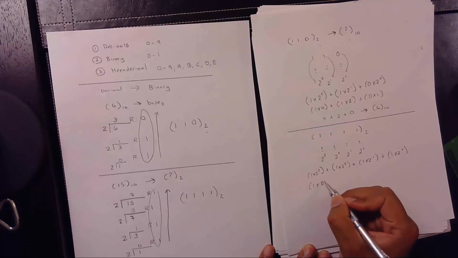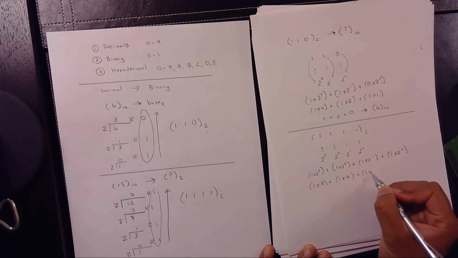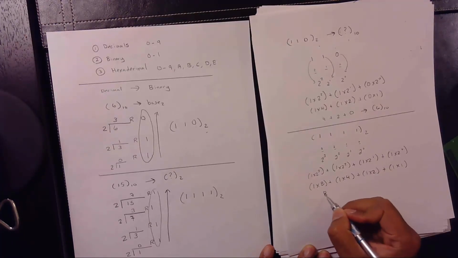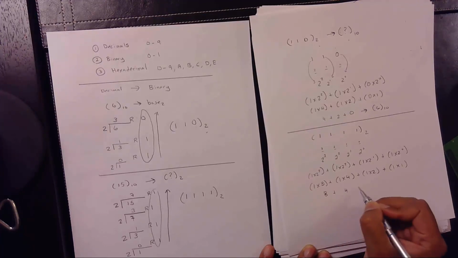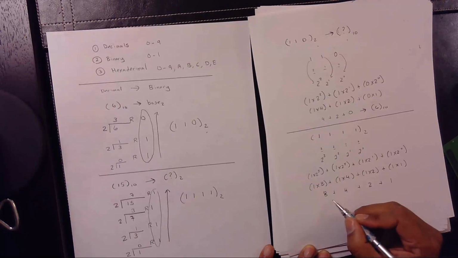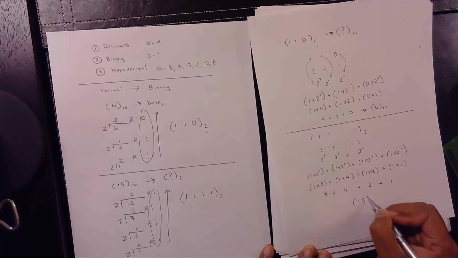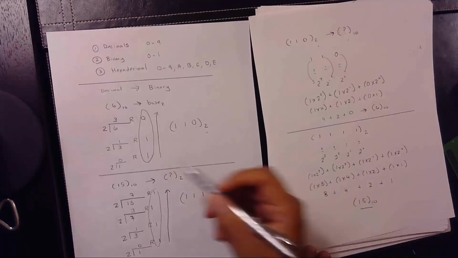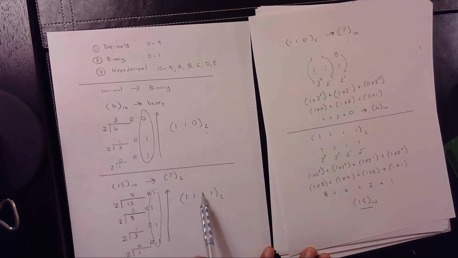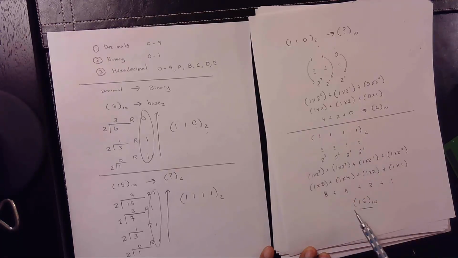That's 1 times 8 plus 1 times 4 plus 1 times 2 plus 1 times 1. This is 8 plus 4 plus 2 plus 1, which gives us 12 plus 2 plus 1, which is 15 base 10. Our answers match. Here we went from 15 base 10 to 1111 base 2, and we went back from 1111 base 2 to 15 base 10.